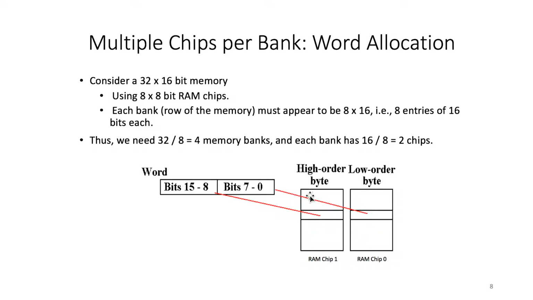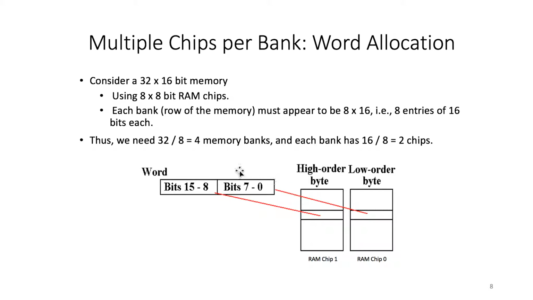We have the number of rows right here equal to 8. So that's RAM chip 1, and the width right here is equal to 8 bits as well. So this is one RAM chip, 8 times 8. Another RAM chip 0 right here also has 8 rows and 8 bits of width. With this bank, we can see that the concatenation of RAM chip 0 and RAM chip 1 still has 8 rows, and the width is 8 bits and 8 bits.